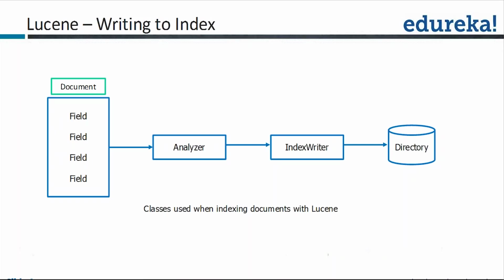Then these tokens go through the process of index writing, and the indexes are created on each of the fields, and then this data is dumped as the indexes on the directory. This directory could be the file system, or it could be HDFS as well, in case of using them with big data technologies. So these are the main classes which are used when we are indexing a document using Lucene.